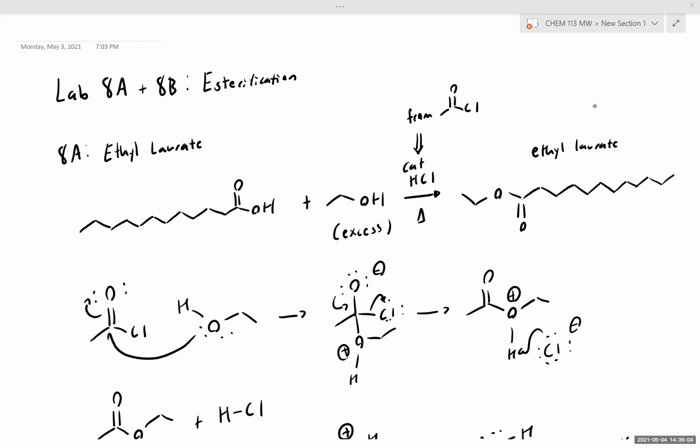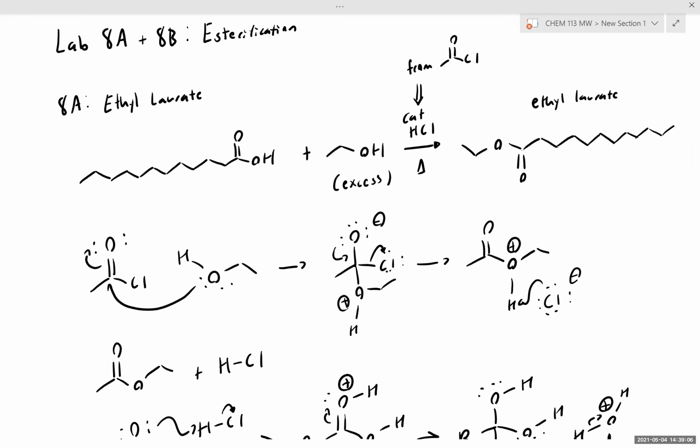In terms of the mechanism for this reaction, first let's talk about how the hydrochloric acid is generated. The hydrochloric acid in this case is generated from acetyl chloride. This is a useful method to prepare anhydrous or water-free hydrochloric acid. So in this case, acetyl chloride reacts with ethanol.